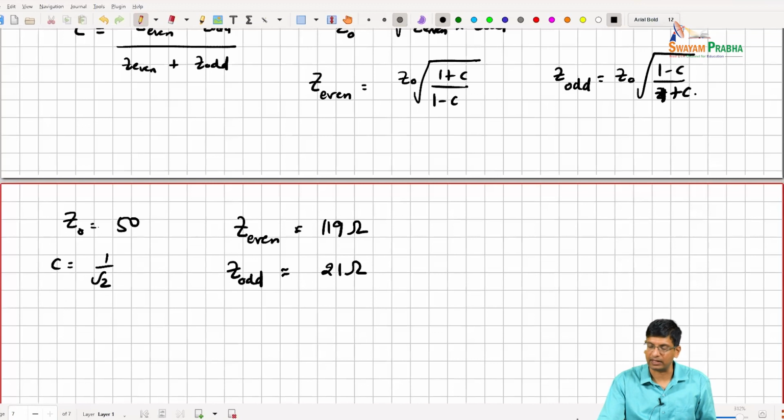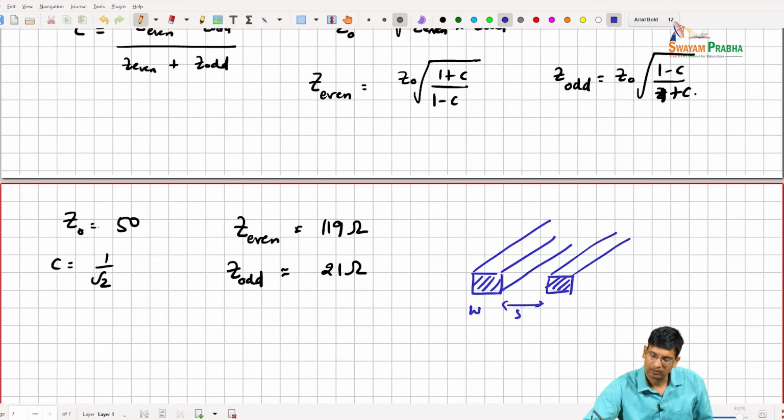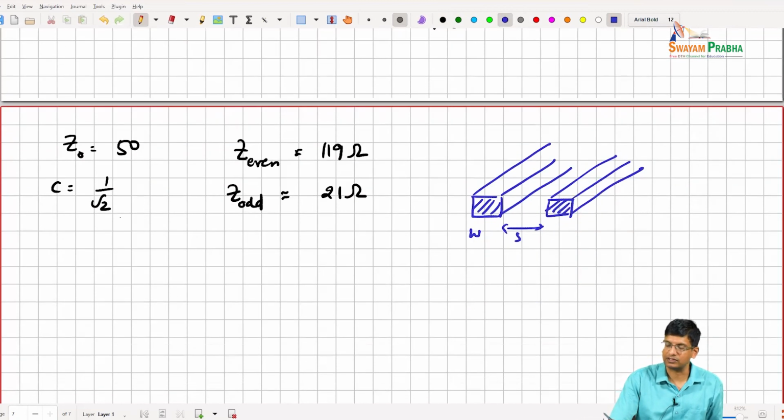So then what I can do is create a structure where I have a certain width and I have a certain spacing between them, right? And then I simulate the transmission line by first exciting a port in between these two, right?